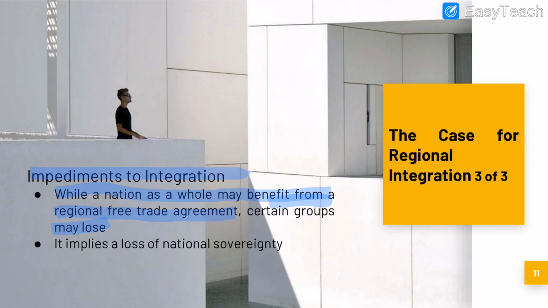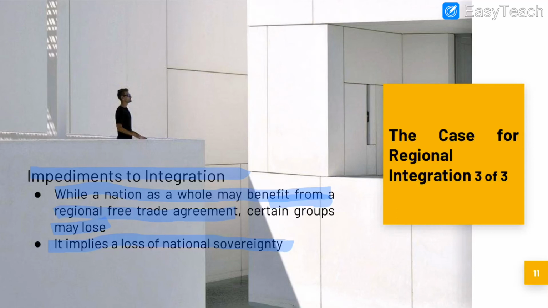They are disadvantaged. It implies a loss of national sovereignty. So what is national sovereignty? It is national power or national authority. Integration is not easy to achieve or to maintain.